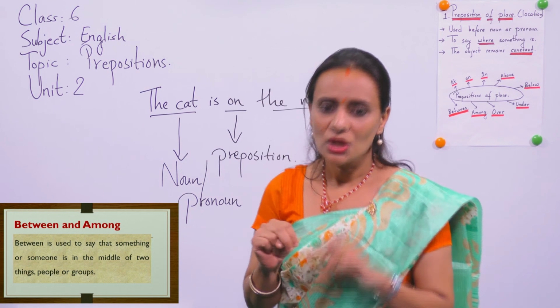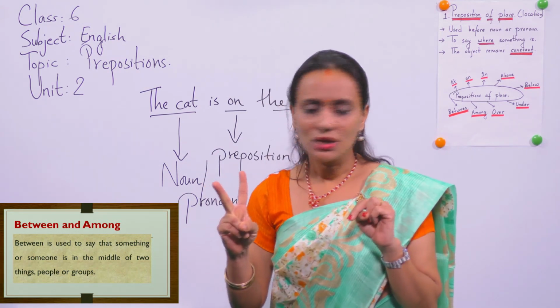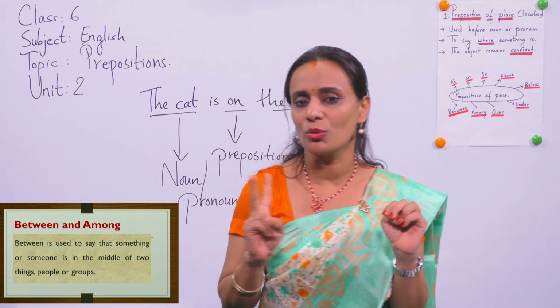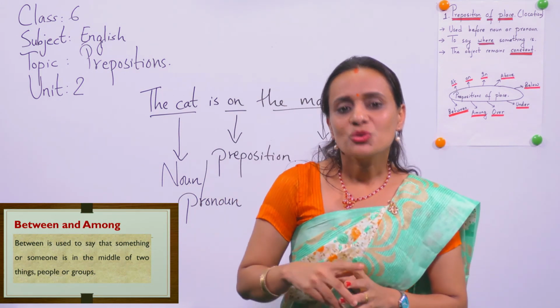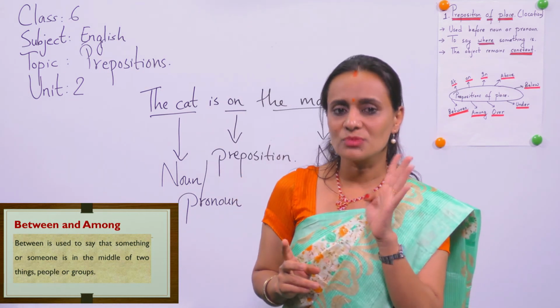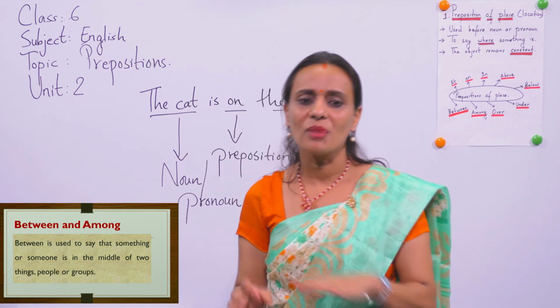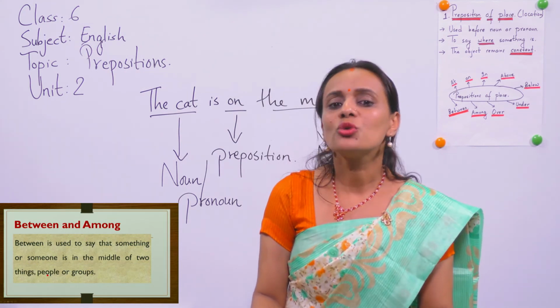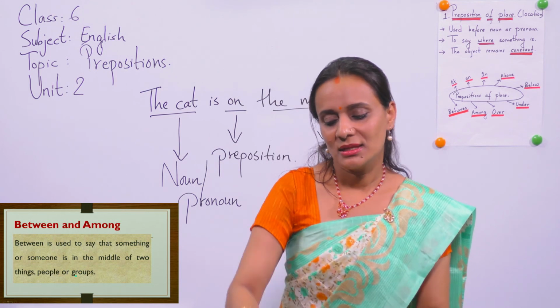Only two things, two people or two groups. Not more than two things, not more than two people, or not more than two groups. Between is used to say that something or someone is in the middle of two things, two people, or two groups. Let's see it here.